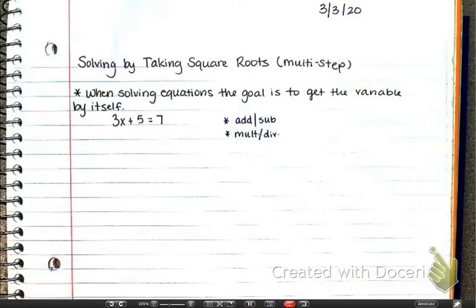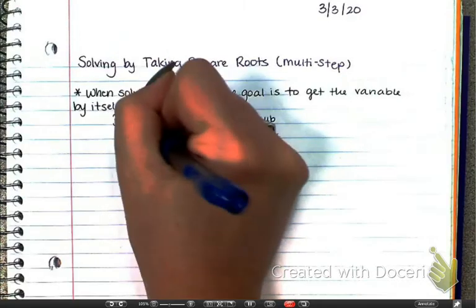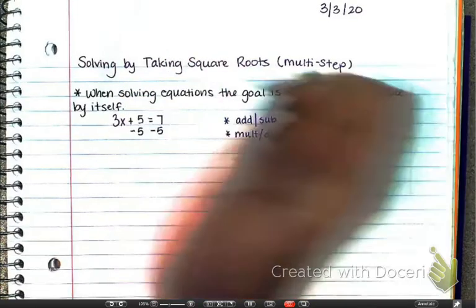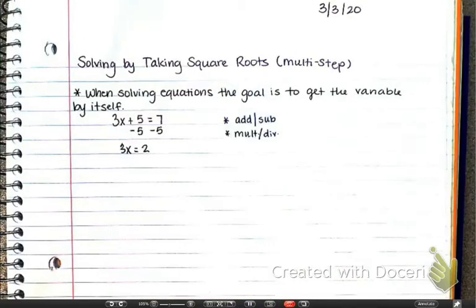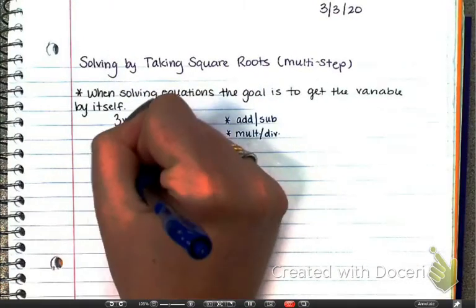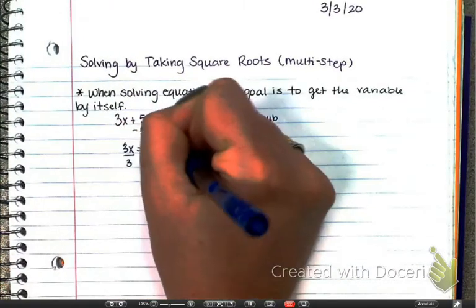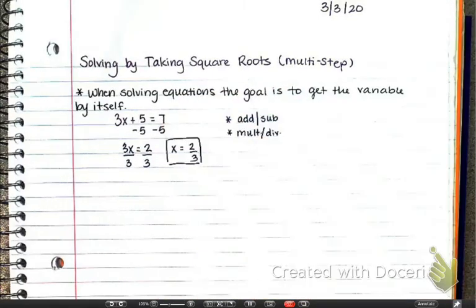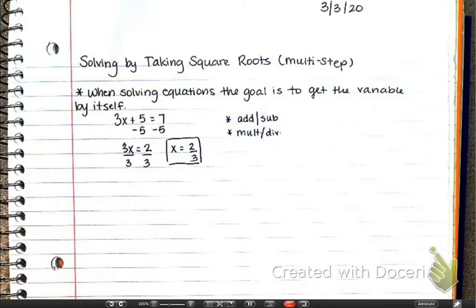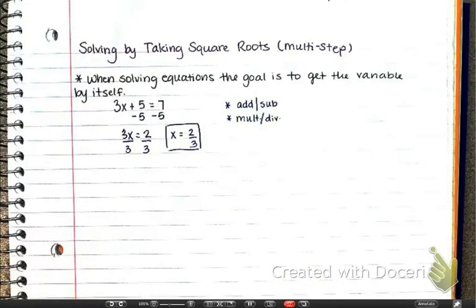So in this case, I would start by subtracting 5 from both sides. So 3x equals 2. And then I would divide by 3. x equals 2/3.